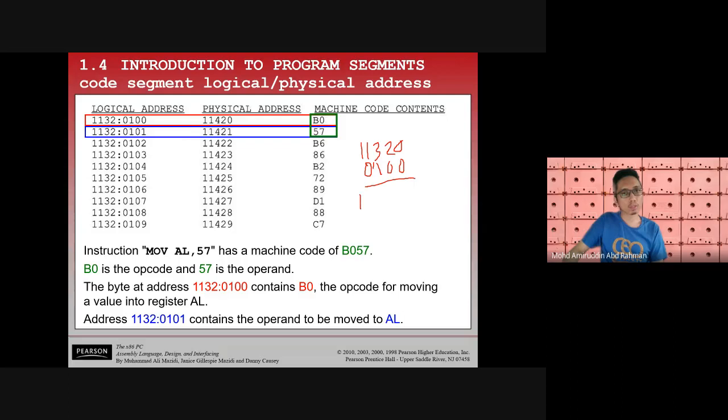So we have 1420. So this is our physical address. So the physical address is the steps.